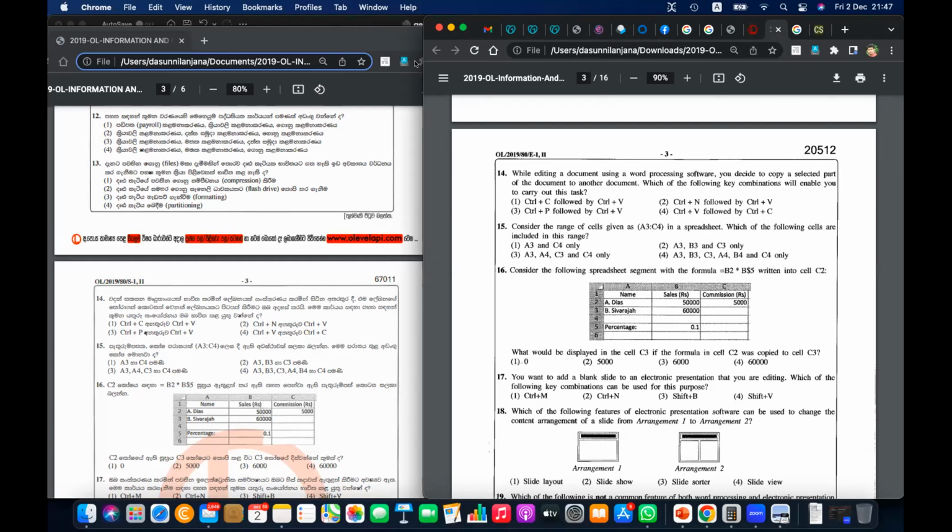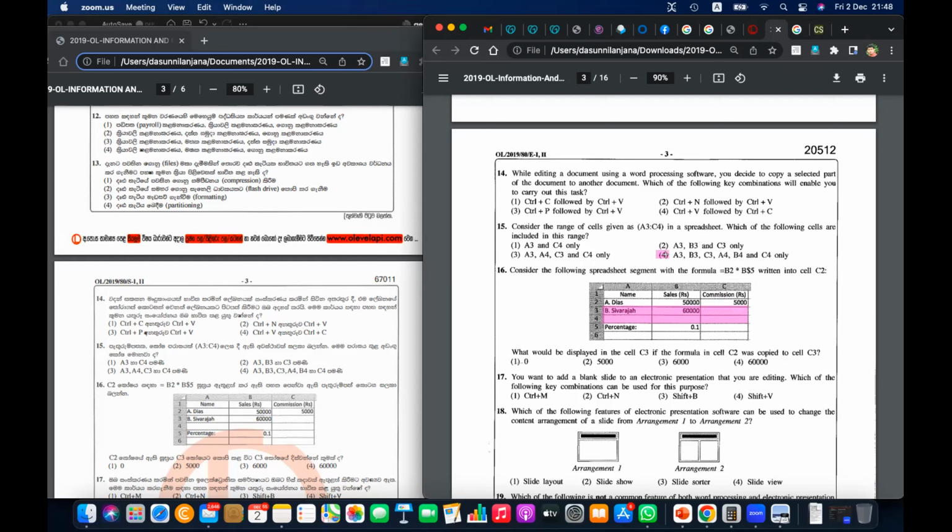A3, highlight karannan. A wala 3 to C wala 4 ne. Okay. Which of the following cells are included in this range? A3, B3, C3. Okay. A4, B4, C4. Okay. That's correct. That is number 4.